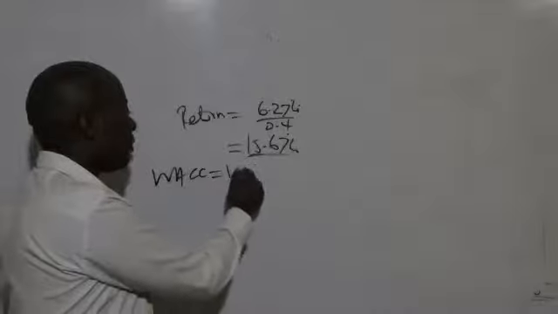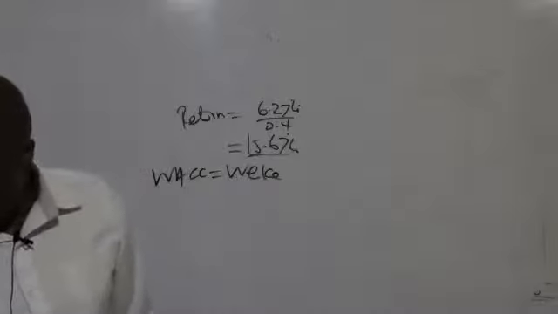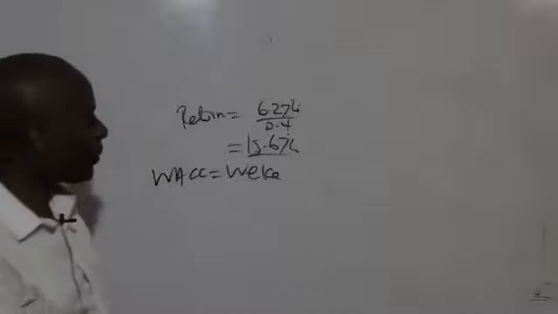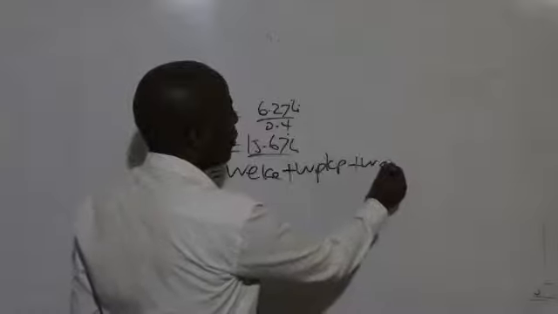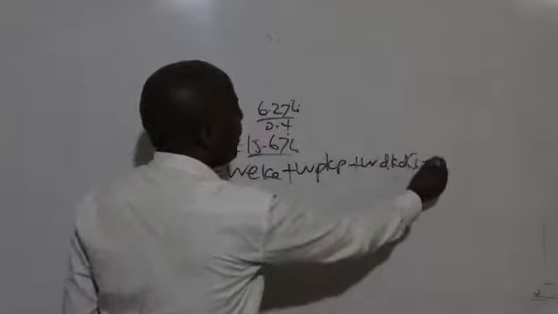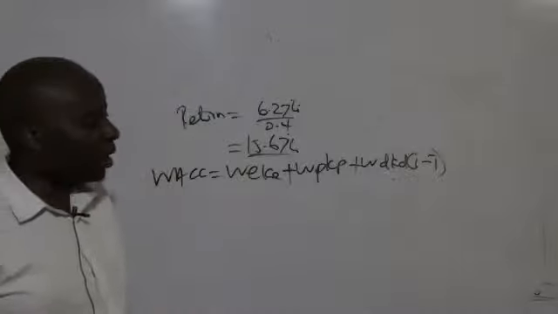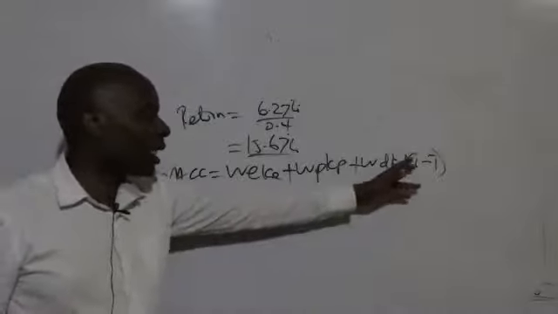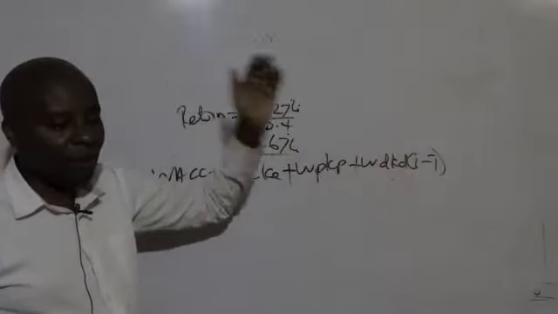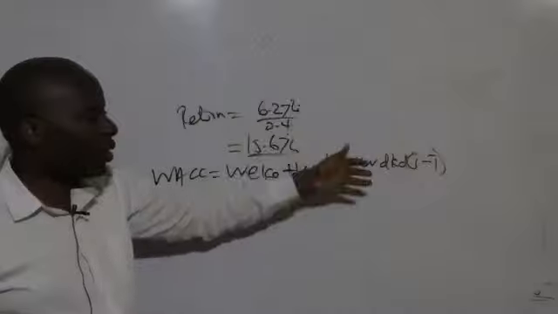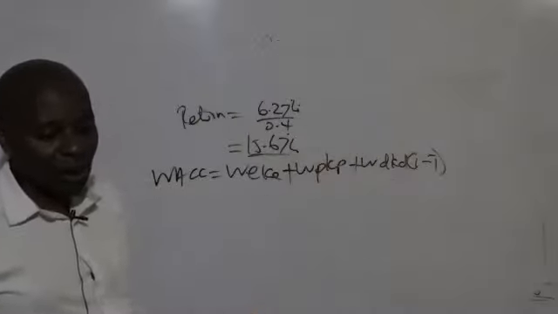It will be weight of equity times cost of equity, plus weight of preference times cost of preference, plus weight of debt times cost of debt. But remember, cost of debt has to be tax deducted, because for debt we pay interest, and that interest is tax allowable.